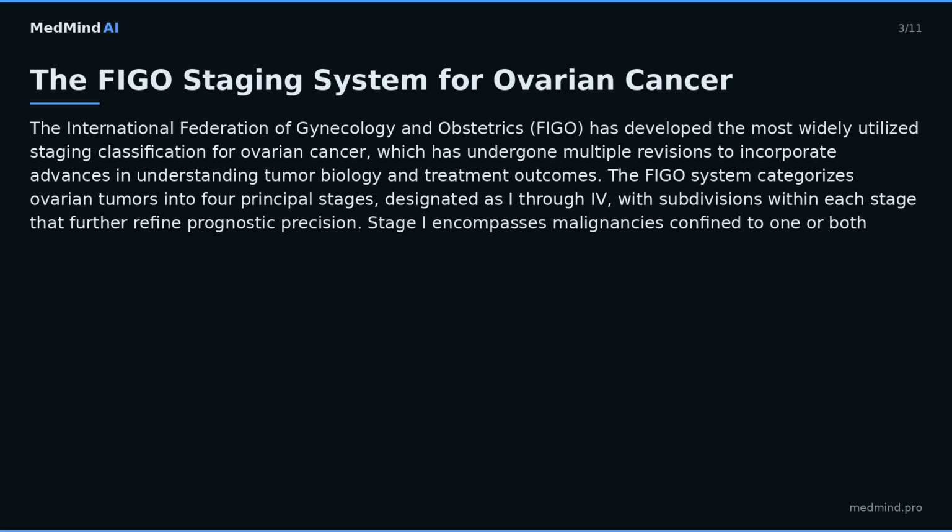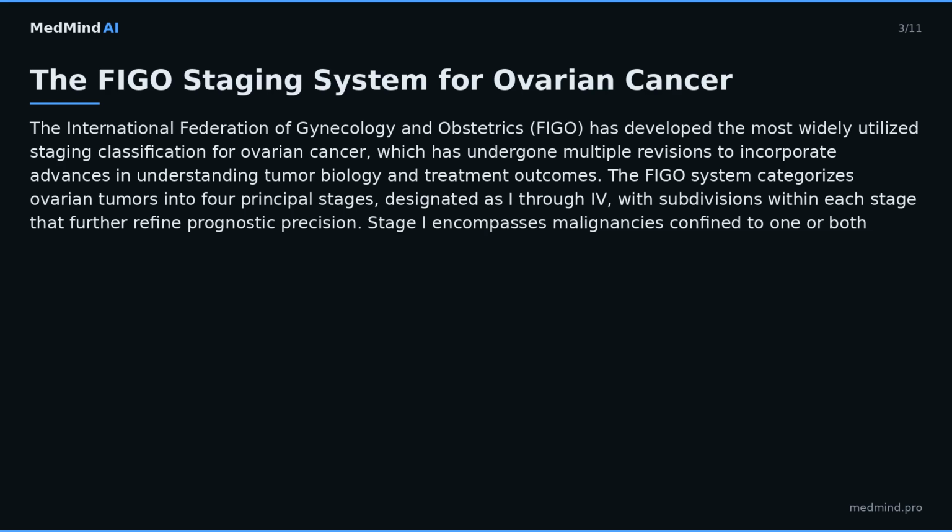Stage I encompasses malignancies confined to one or both ovaries without extension beyond the ovarian tissue. Stage 2 describes cancers that have extended to nearby pelvic structures but remain within the pelvis proper. Stage 3 indicates disease that has spread to abdominal peritoneal surfaces or regional lymph nodes beyond the pelvis.